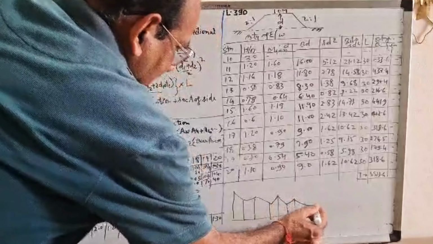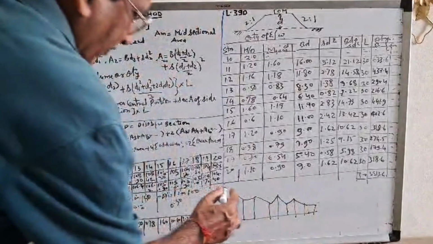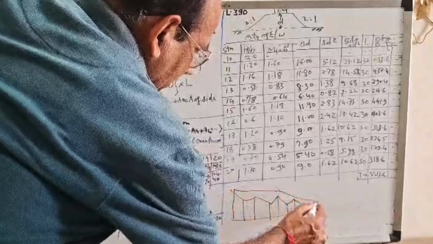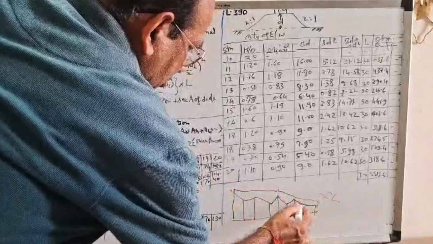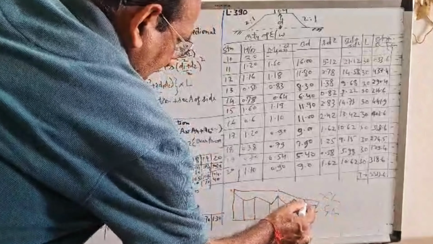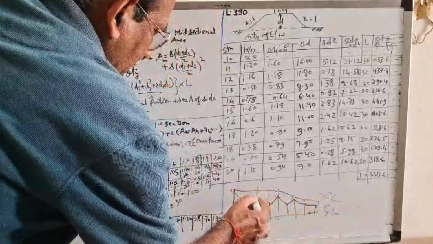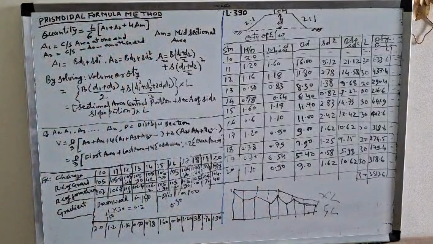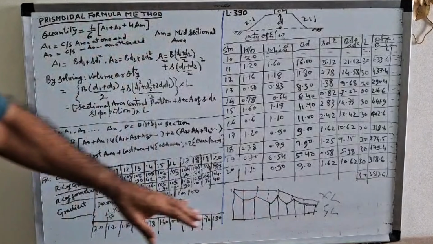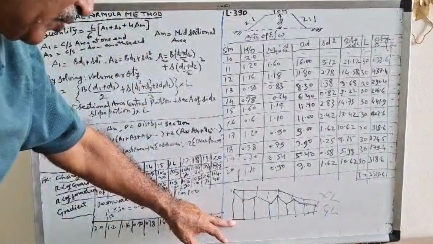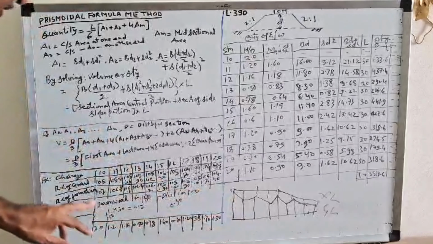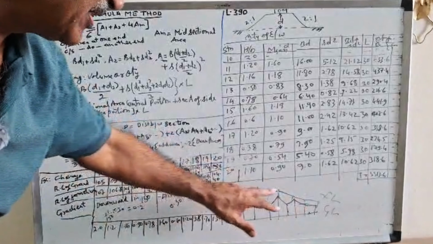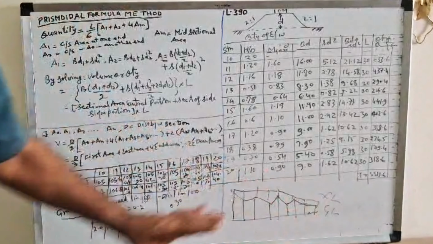If you plot these things, you will find the formation level will be maybe something like this, maybe in this way. This is your formation level, this is your ground level, you can plot, and the difference you can put to get the earthwork in excavation. You can plot it by taking 100 as datum, and these values 105, 105.6 you can put over here, and the formation level you can make, and the difference you can plot like this.